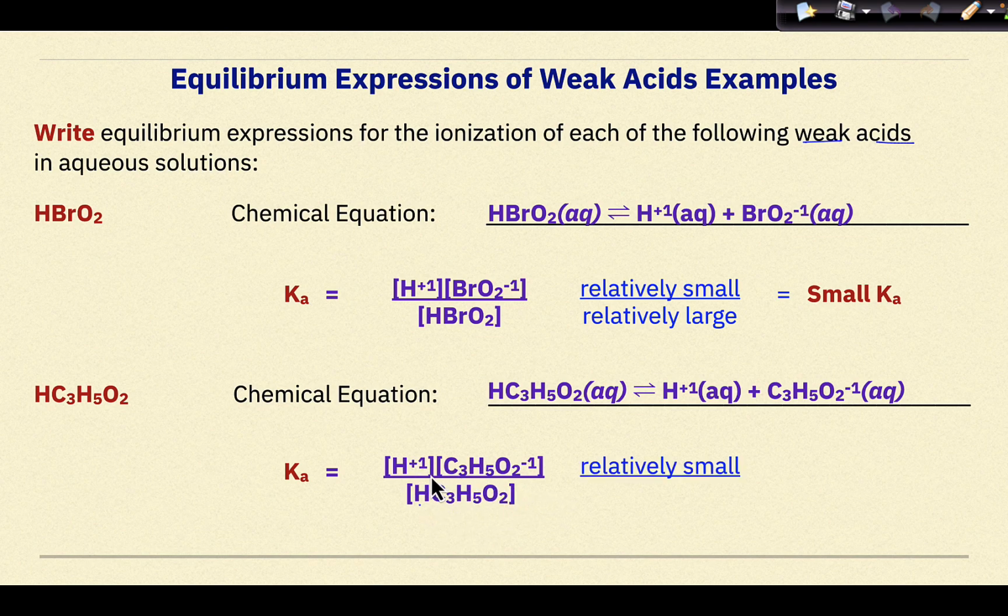Again, the concentration of our hydrogen ions and our propanoate ions are going to be relatively small compared to the concentration of the propanoic acid in its molecular form in the denominator. So this leads to, again, a small Ka value.